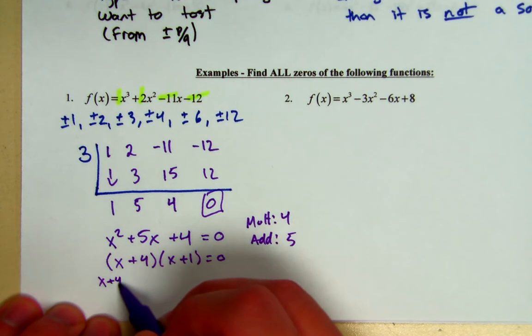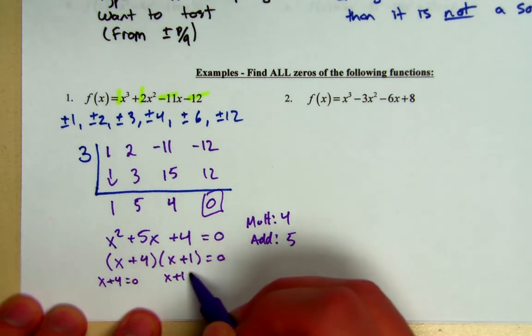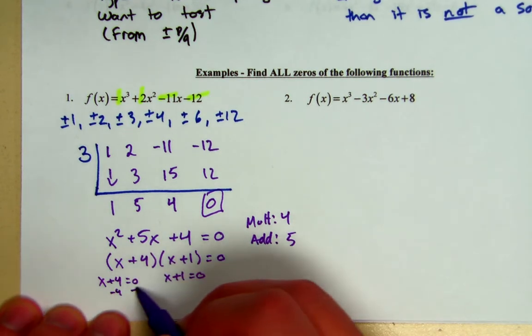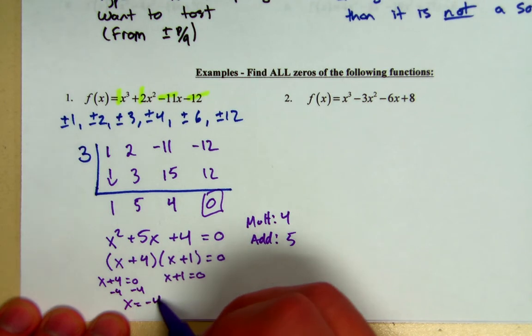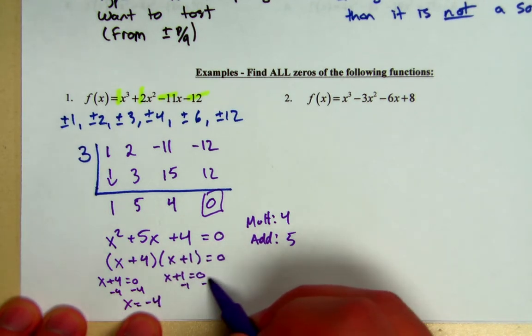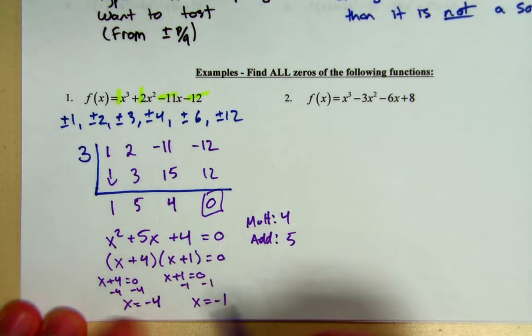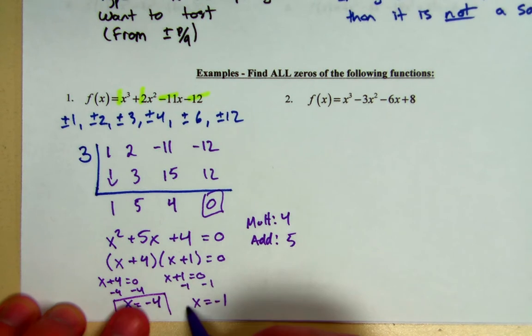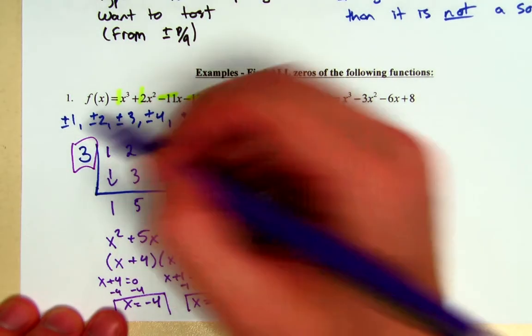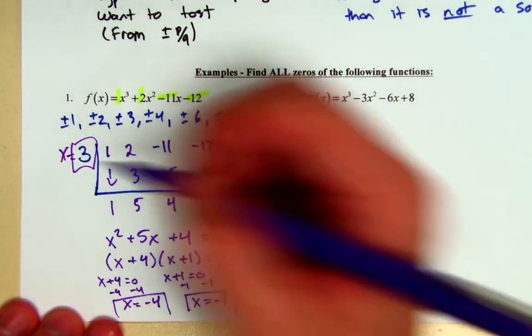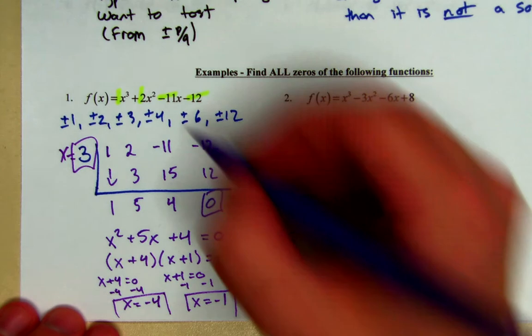Again, x plus 4 equals 0, x plus 1 equals 0, minus 4, so x equals -4, minus 1, x equals -1.